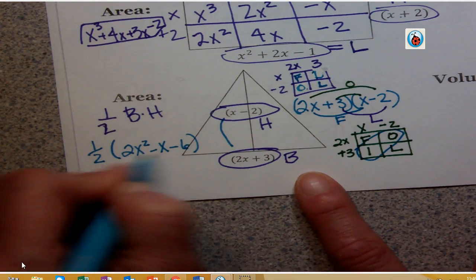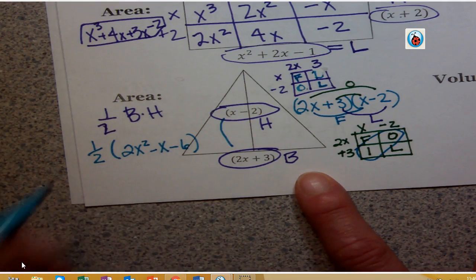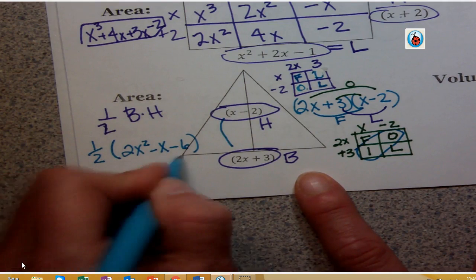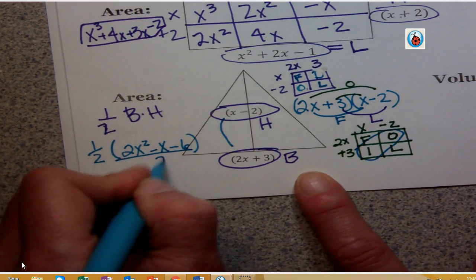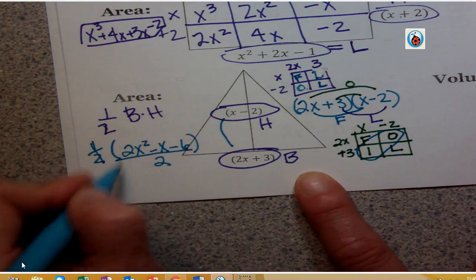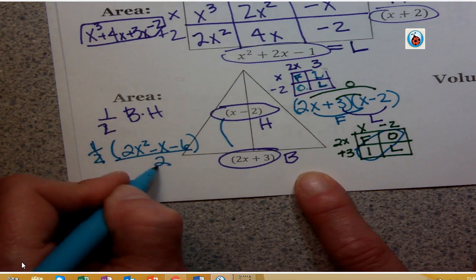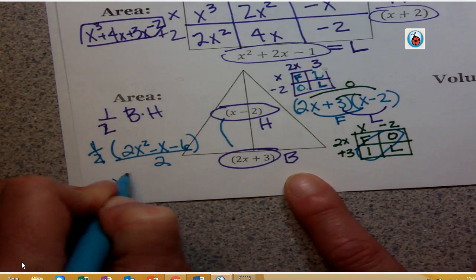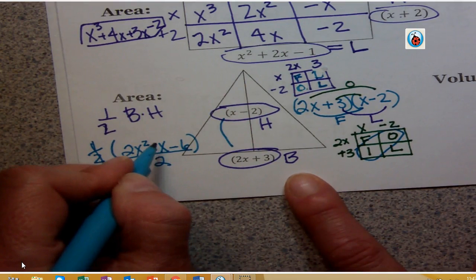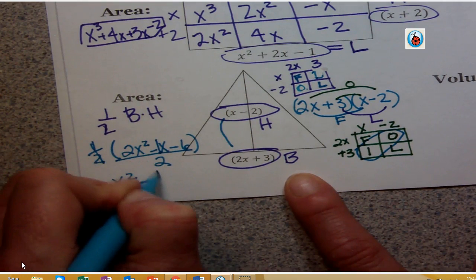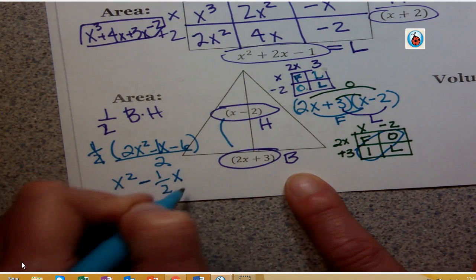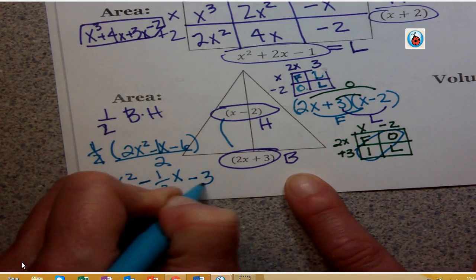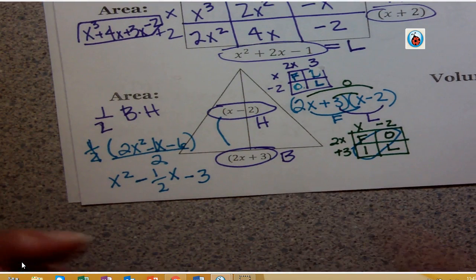But how do we multiply this by 1/2? We basically distribute that. We divide everything by half. So same thing as this. So 2 goes into 2 one time, so we get x squared minus, there's a 1 here, so that would be 1/2 x. 6 divided by 2 is 3, and it's negative.